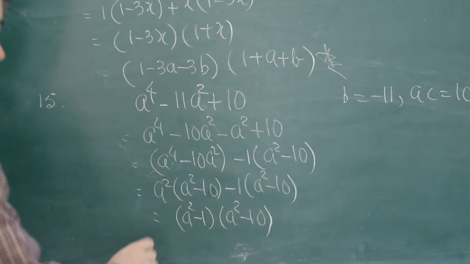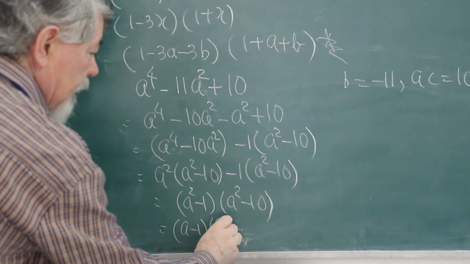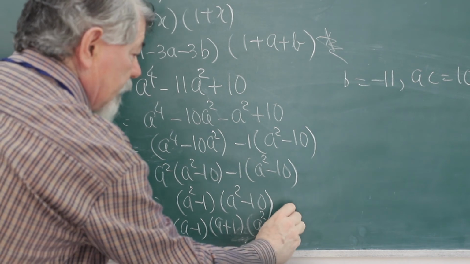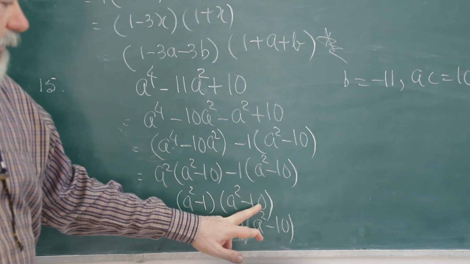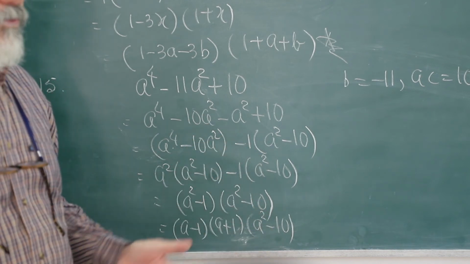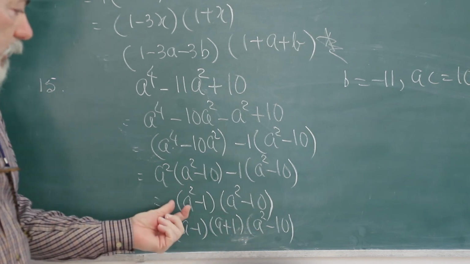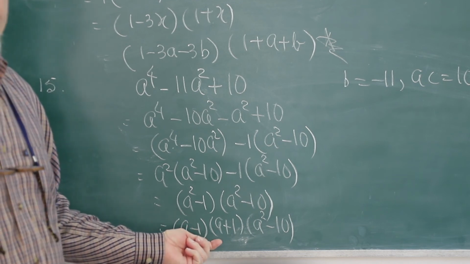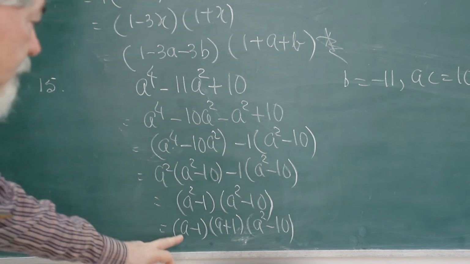I'll factorize it further as a minus 1, a plus 1, and I'll leave a square minus 10 as it is, because it cannot be factorized as a difference of squares since 10 is not a perfect square. If I write 10 as root 10, it becomes a complicated problem, so I don't want to do that. Only a square minus 1 can be written as a minus 1 and a plus 1. So we have got this answer.